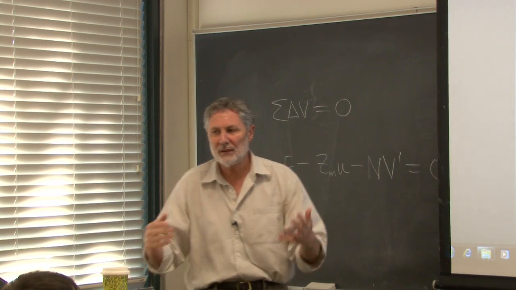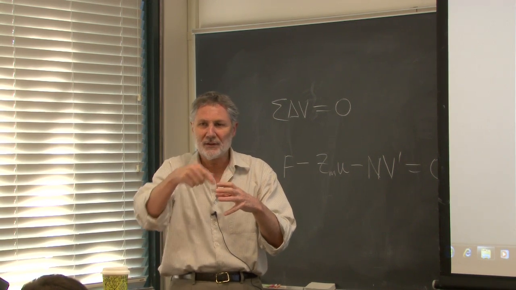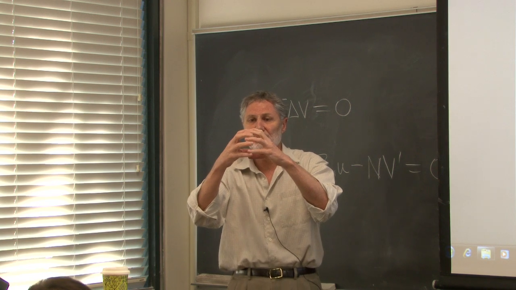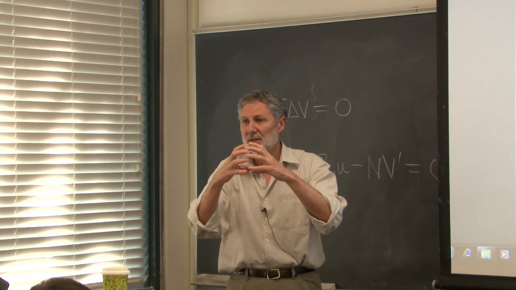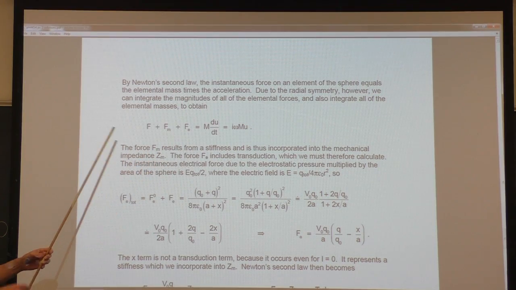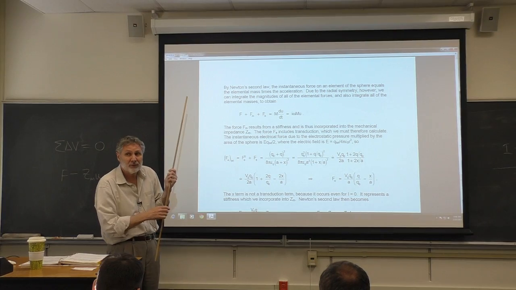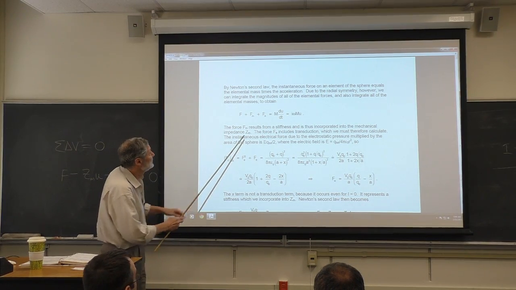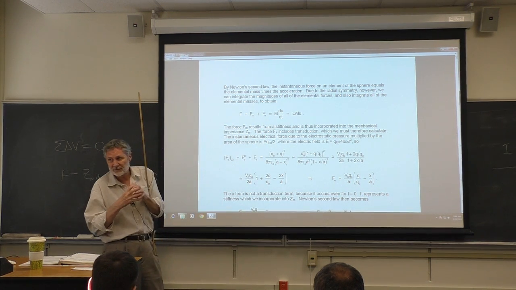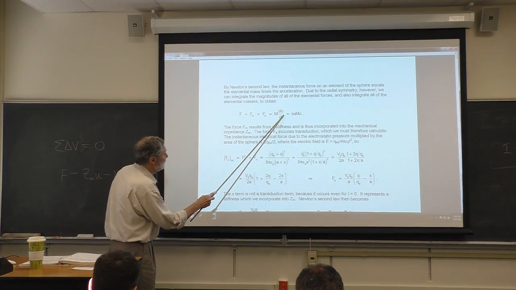We can integrate all of the magnitudes of the forces and all of the masses, and apply Newton's second law to the entire spherical shell. We go from force equals mass times acceleration of an element to the whole thing, where the force is the total force, the integral of the magnitudes of the force. That's what's sitting here. This is the total mass, and this is the radial velocity. We can do that by symmetry. We have an I omega, of course.